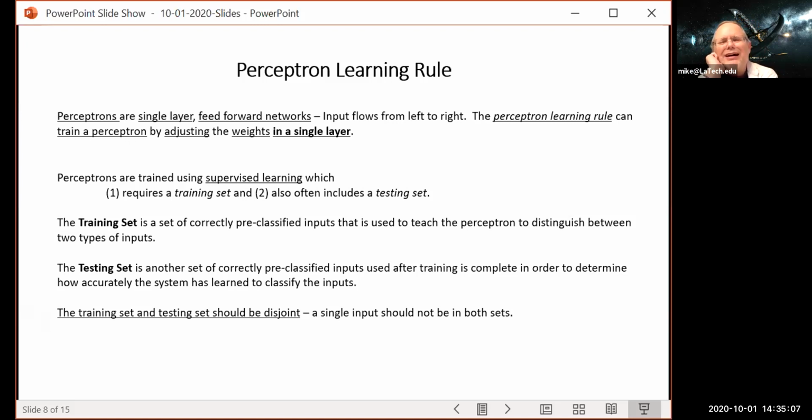We're going to get into this a lot deeper later on when we start getting into multi-layer neural networks and stuff like this. But the basic idea exists back here in perceptrons. The original data that you have is data that has been correctly classified by a human or some other process. So you've got a lot of inputs that have been correctly classified.